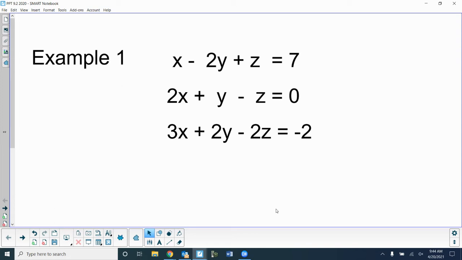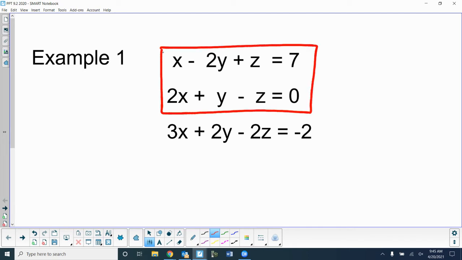I'm looking at the first two equations here, and I'm going to eliminate the z's. How would I eliminate the z's? Would I add the two equations together, or would I subtract them from each other? We would add. Very good, because the signs are what? Opposites, right? If the signs were the same for the z's, then I'd have to subtract them.